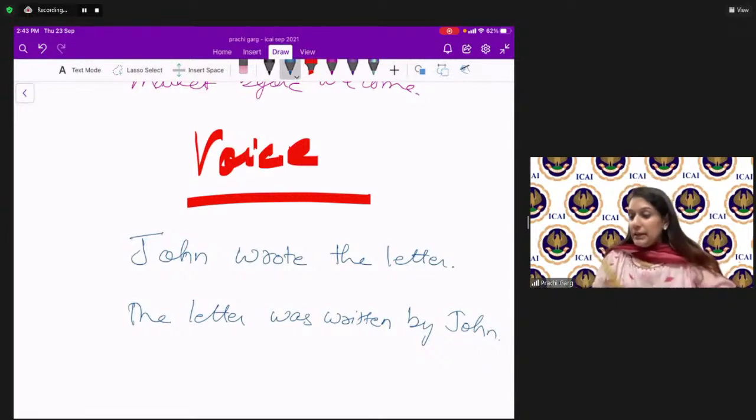Okay, in the first one, our focus. Okay, let's look at the subjects in both the sentences. First, you tell me the subject in the first sentence and the subject in the next sentence. Quick.